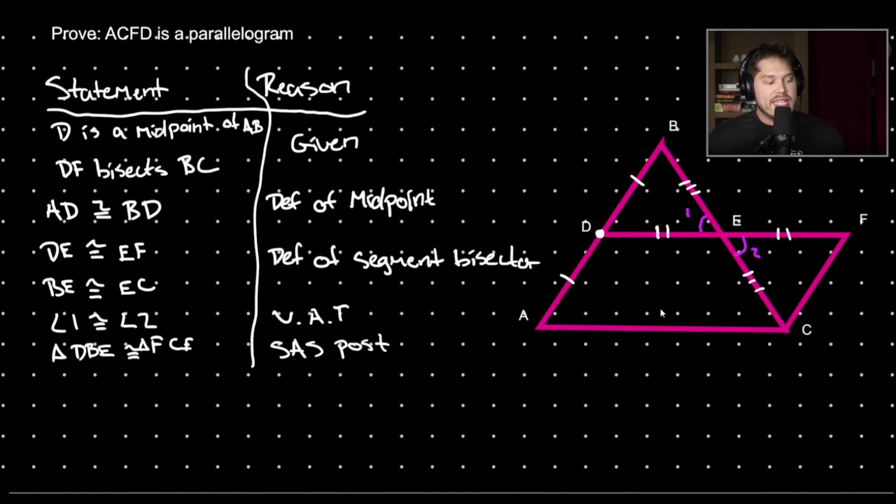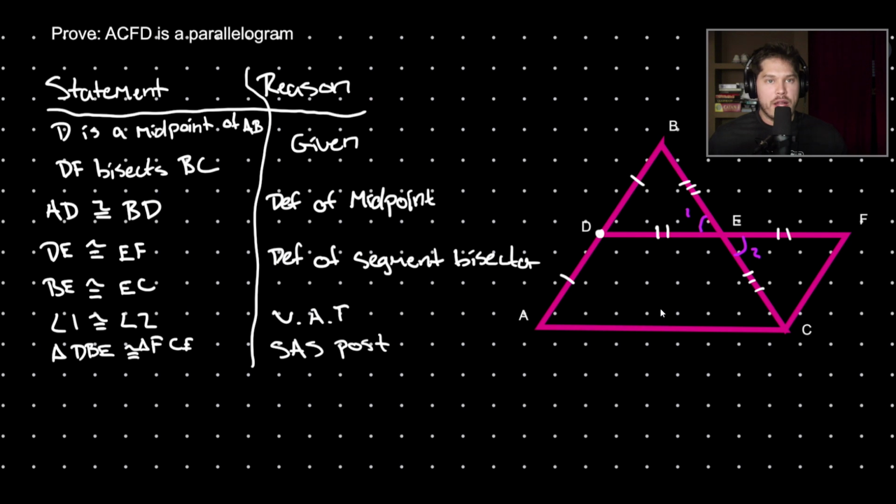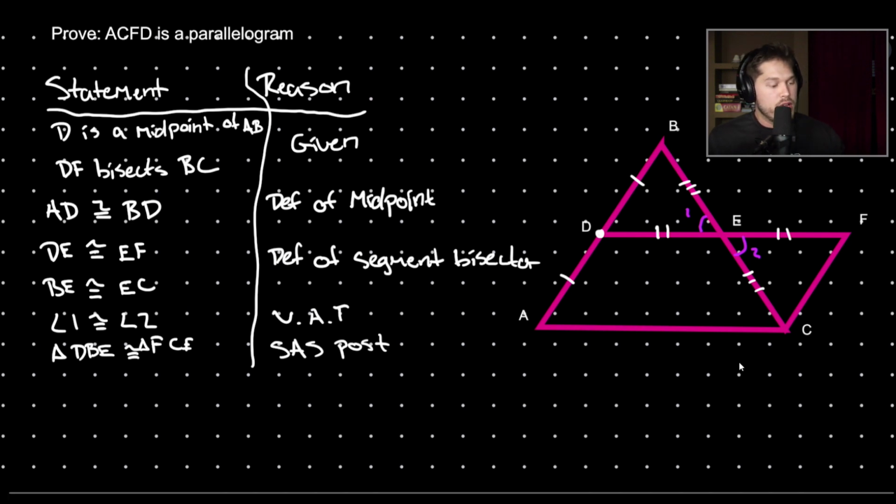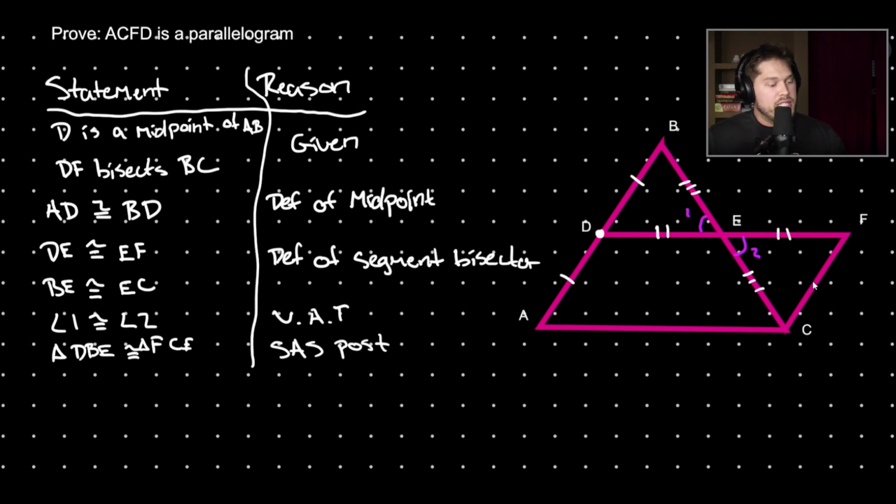And what extra info can we gather from the fact that these two triangles are congruent? Well, since the triangles are congruent, we can say that FC is congruent to DB by corresponding parts of corresponding triangles are congruent.